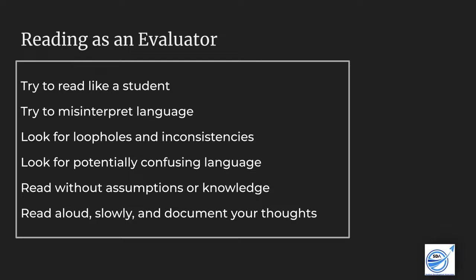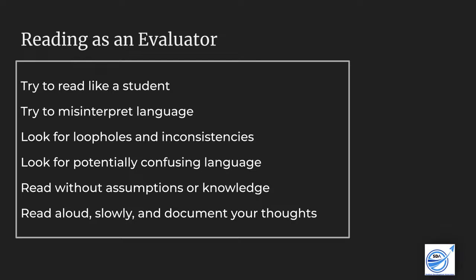With that in mind, try to misinterpret or be confused about language. Look for ways to intentionally find loopholes or inconsistencies or things where if you just barely tweak what a word means or how the sentence is read, you're able to misinterpret and get something different out. Because trust me, students will notice these things and they will seek them out.